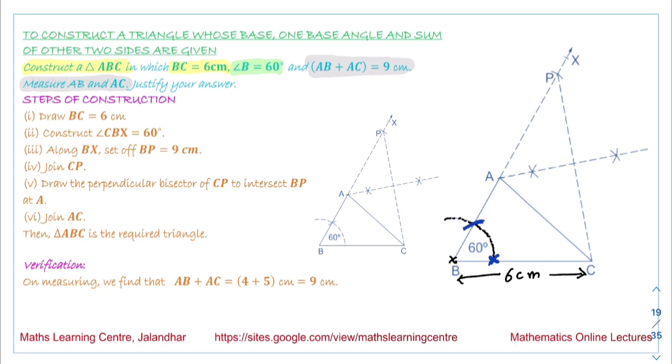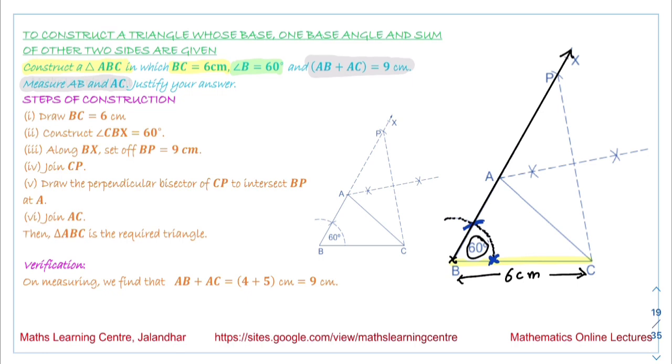This thing we have seen in our previous results also, that this angle that we will obtain from this will be a 60 degree angle. Now we join this point B and this point and draw a line like this, line BX, which we have drawn over here. BX is basically the line at an angle of 60 degree.